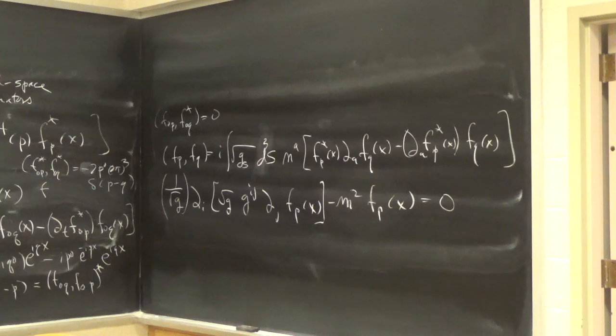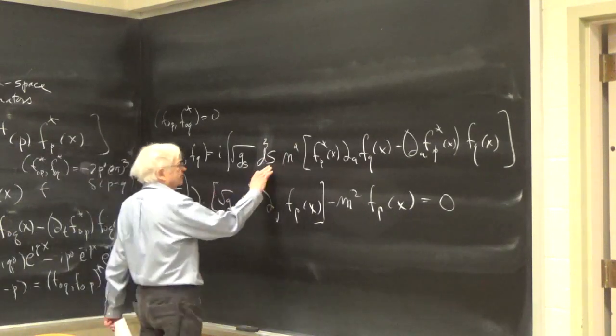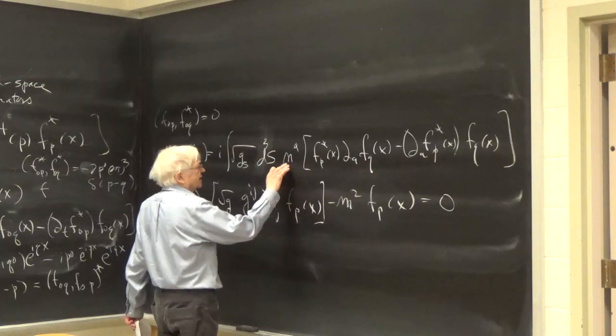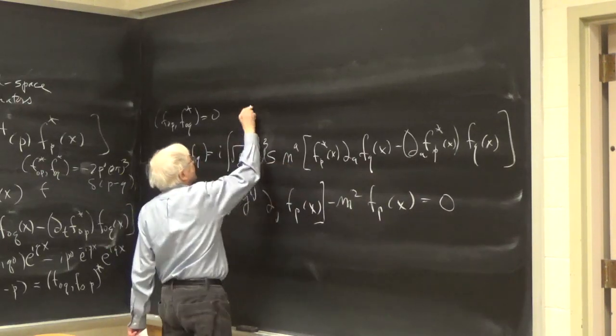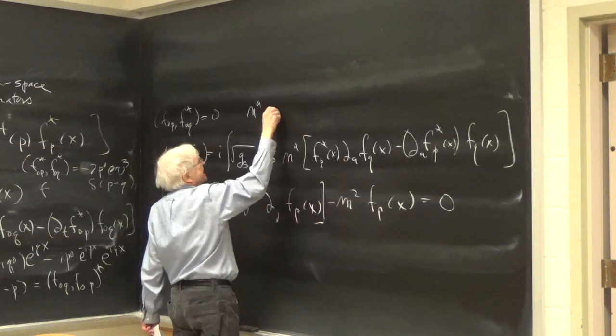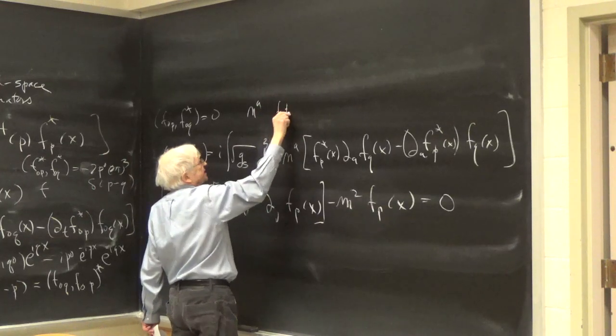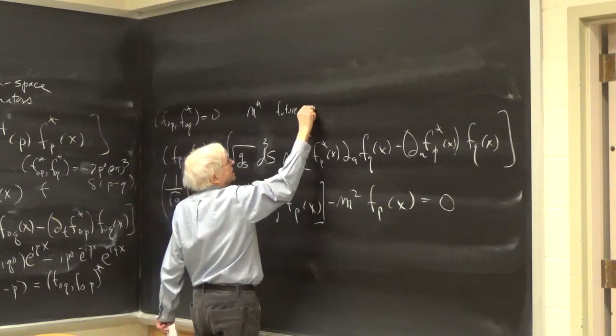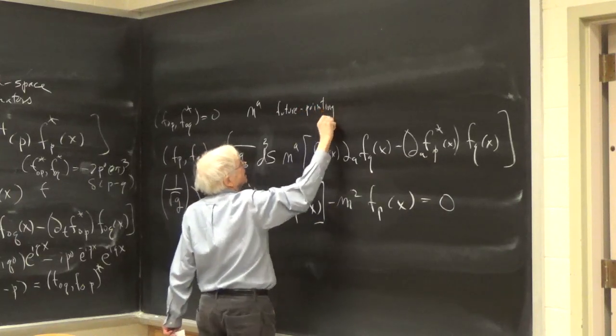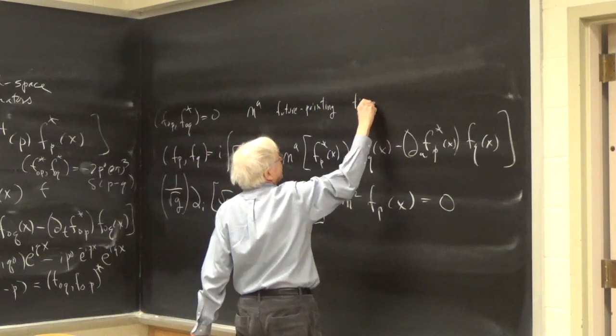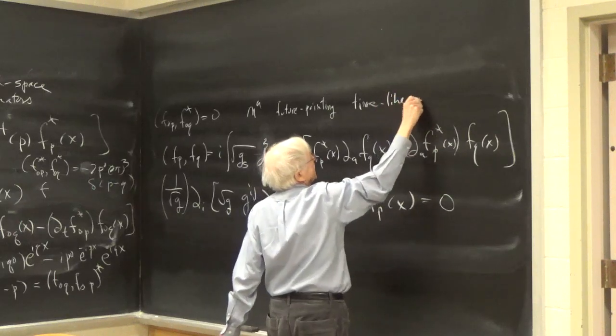I have a question though. All right, yes. The last equation after the d cubed s, is that an n or an m? Over here. Yeah, right after that. This is a future pointing time-like vector.